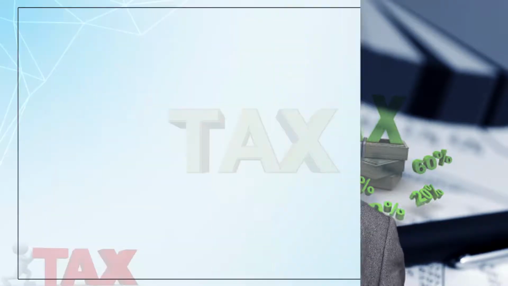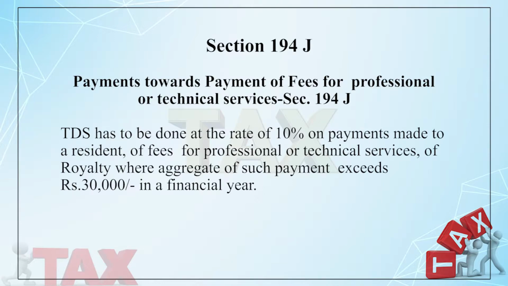The second most important are the TDS sections. There are a number of sections and all are equally important. The second one, which is very important, is TDS, or tax deduction at source, on fees for professional and technical services. The relevant section is 194J.